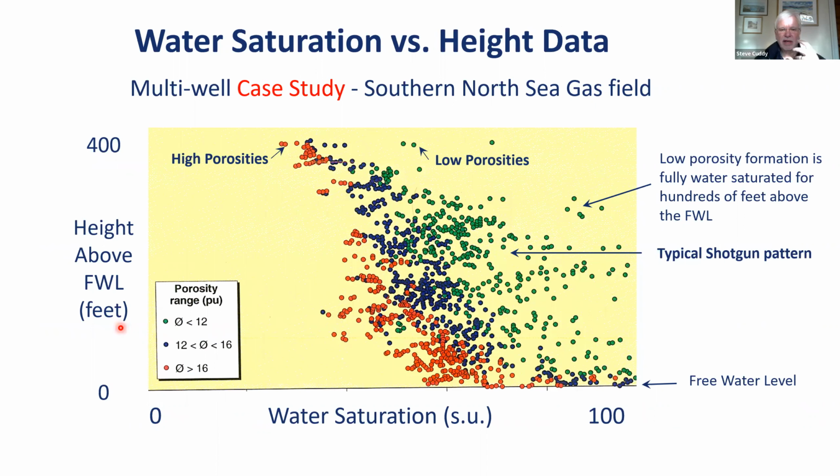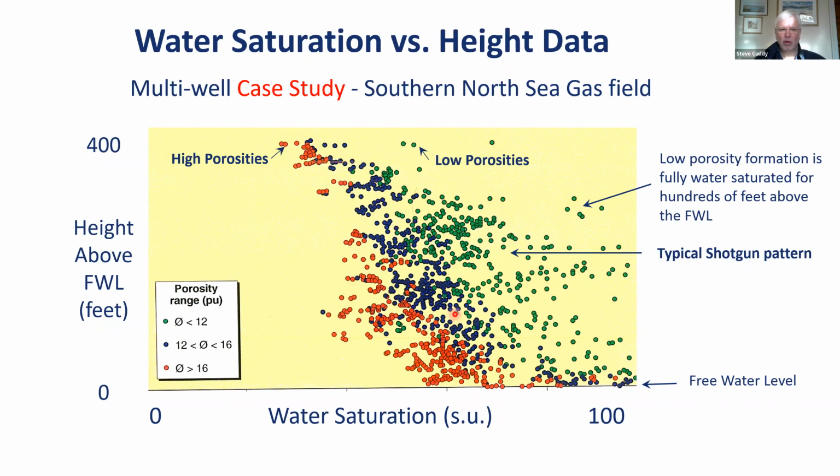Now we're using a z-axis of color. So very high porosities, in this case above 16 porosity units, are shown in red. And these are Aeolian sandstone parts of the reservoir. And as you expect, the water saturations are quite low, and it's got this asymptotic look to it.